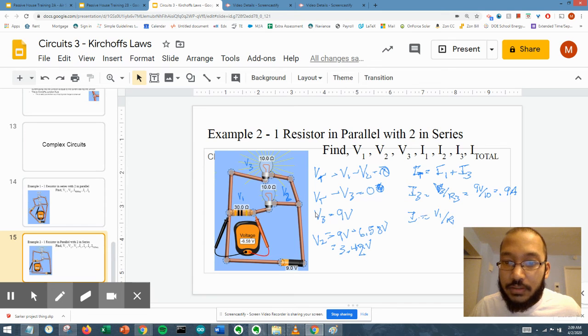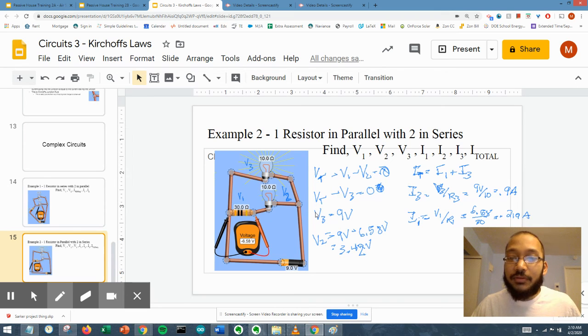So that is 6.58 over 30. And doing that in my head, I see that the current is 0.219 amps.